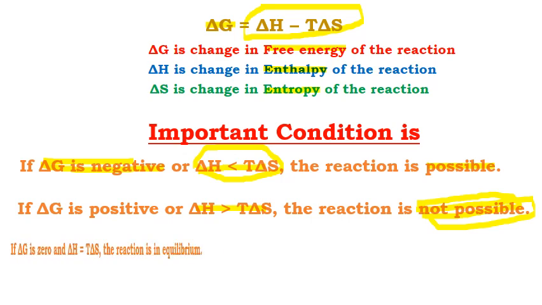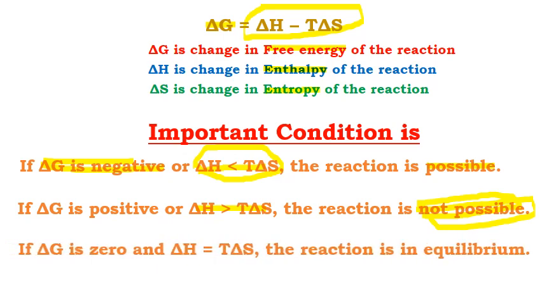Then naturally delta G becomes 0. So in this case the reaction is in equilibrium, right? So what we require is, to predict a reaction we have to look at delta G. If delta G is negative, then the reaction is possible. If delta G is positive, the reaction is not possible.